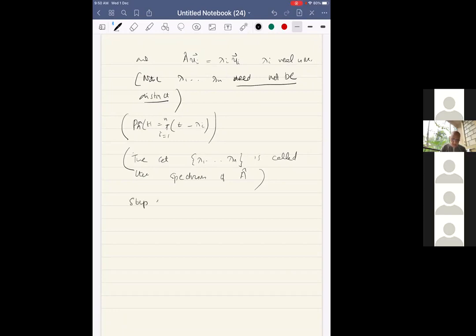Step 1: if A is self-adjoint, and lambda is a root of P A hat, then lambda is real.